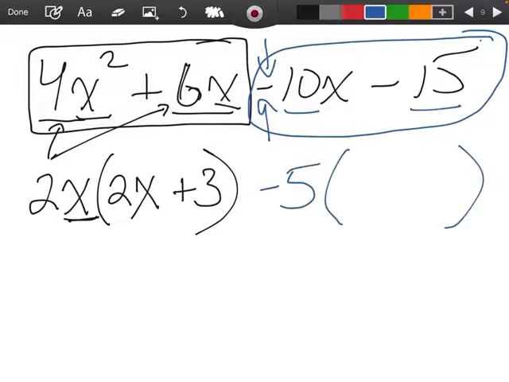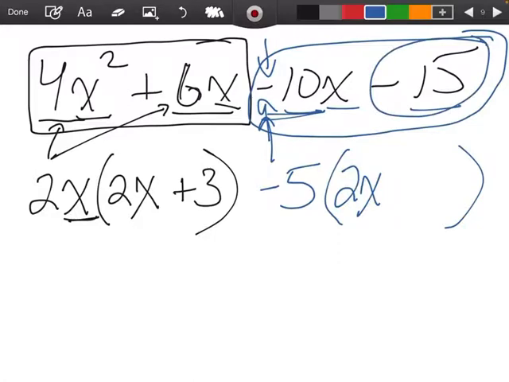Okay? So now remember I'm dividing. Negative 10 divided by a negative 5 is a positive 2. And I still have that x. Let's do the same thing over here. A negative 15 divided by a negative 5 is a positive 3.